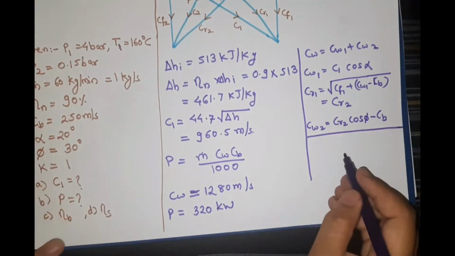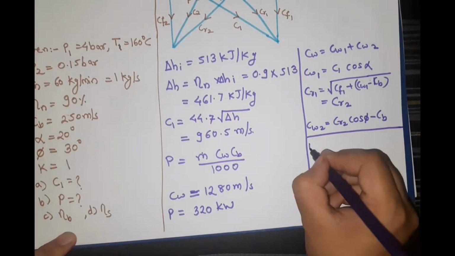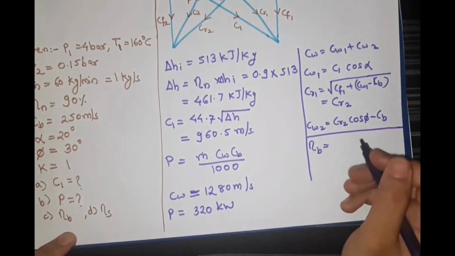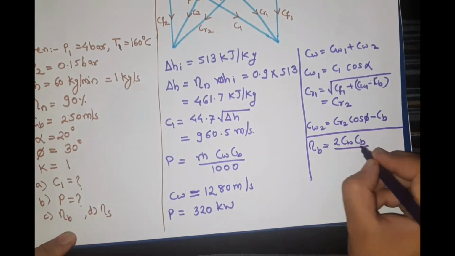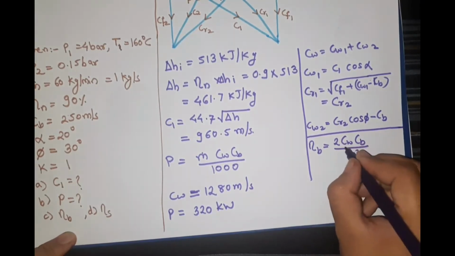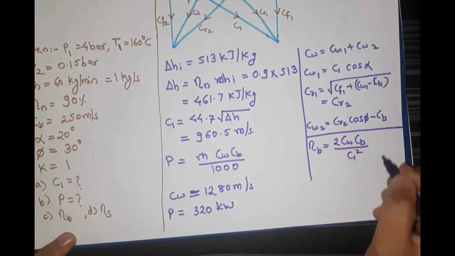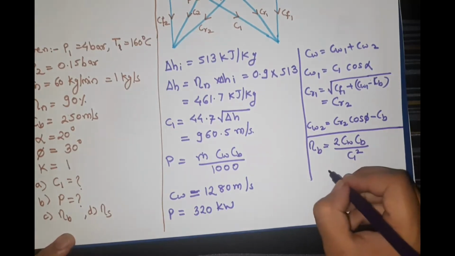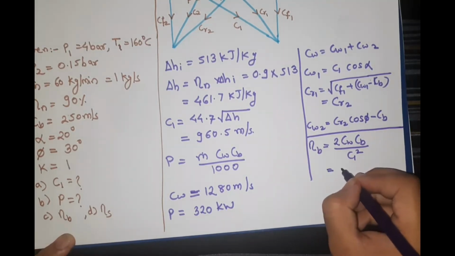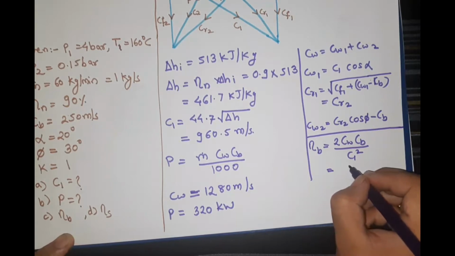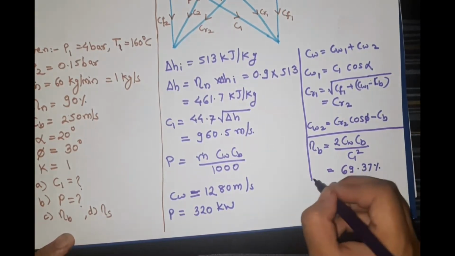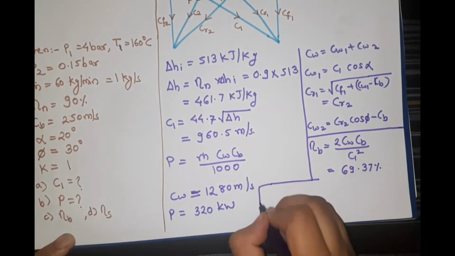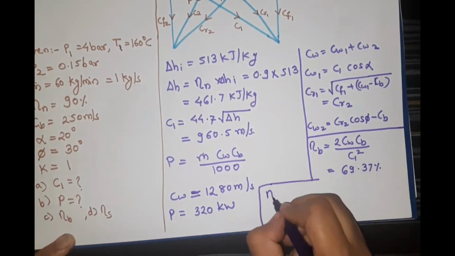Next one is the blade efficiency. So blade efficiency is equal to twice of CW CB upon C1 squared. CW is known to us now, CB is known to us, C1 is also known to us. Let's put and we will get the value of blade efficiency as 69.37%.